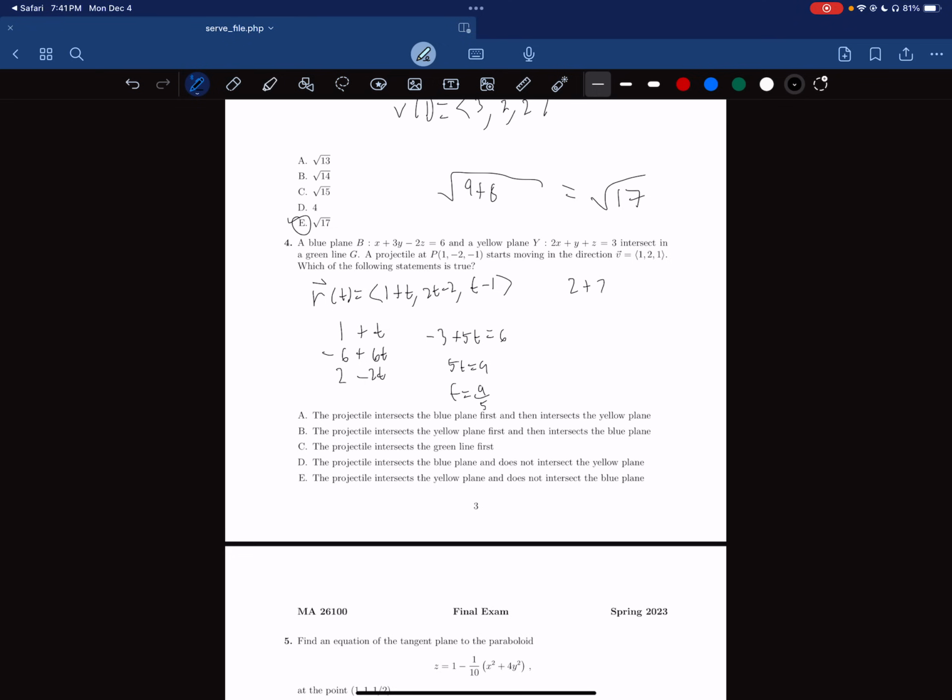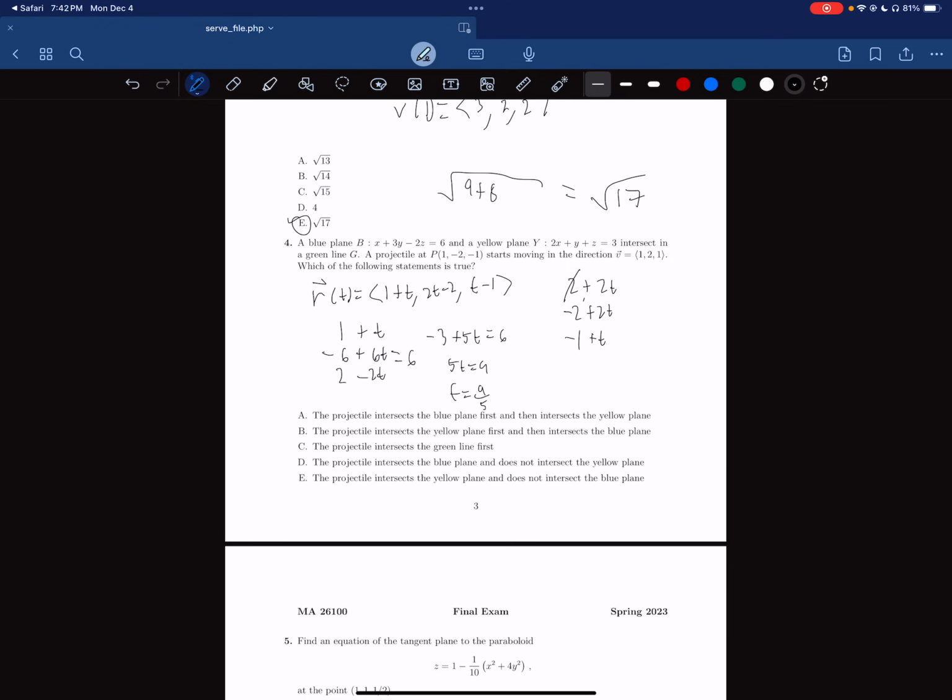And then we can do the same thing for the yellow plane. We're going to get 2 plus 2t, and I should do equals 6, sorry, 3 is the yellow plane. Plus y is 2t minus 2, and z is t minus 1. I messed up the order here, so y is negative 2 plus 2t, and z is plus t minus 1.